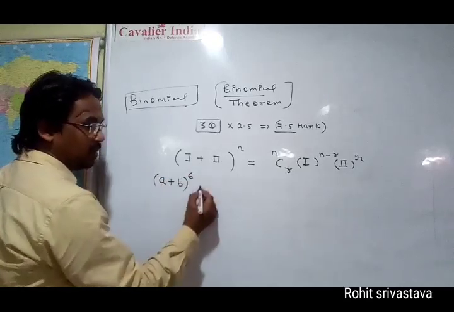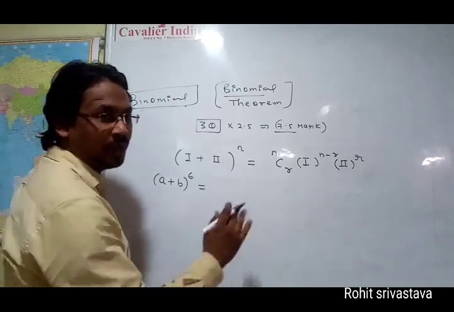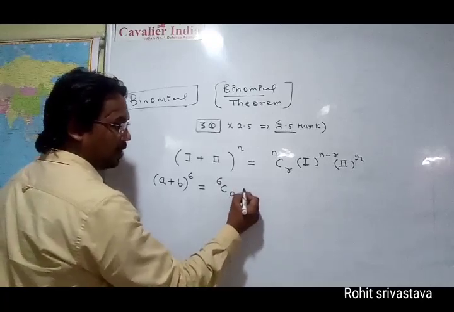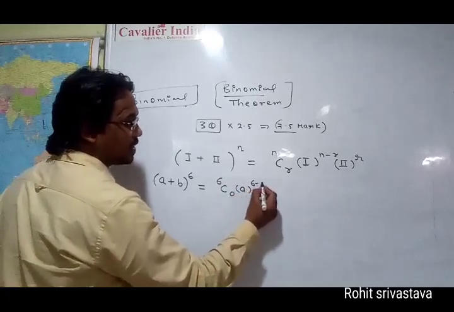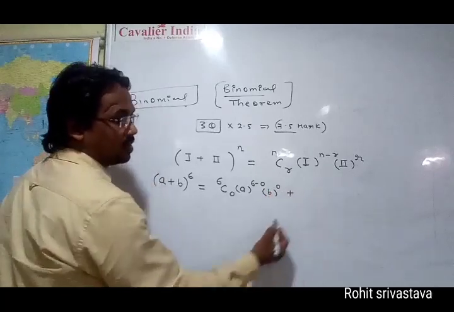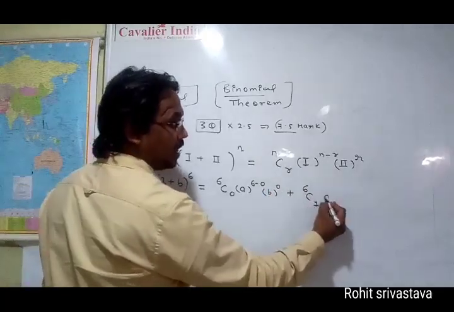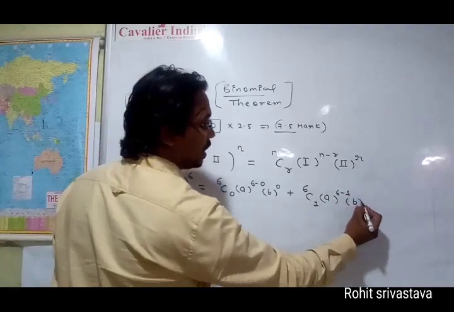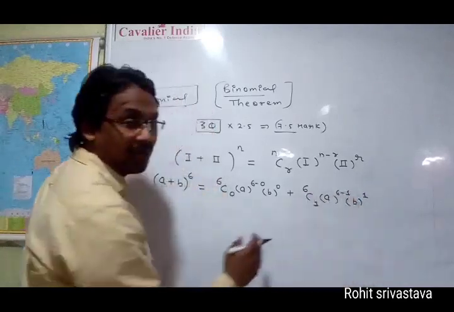Let's suppose power 6. When we open it, we can write 6C0, and first is a to the power 6 minus 0, second is b to the power 0, plus 6C1 a to the power 6 minus 1 and b to the power 1. This kind of pattern will continue.